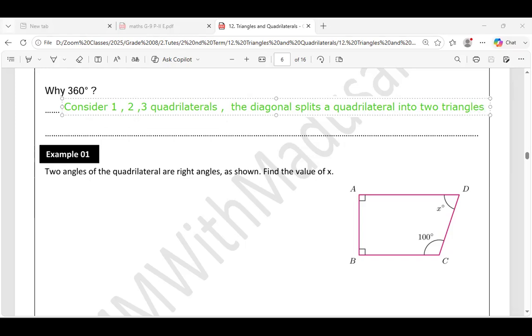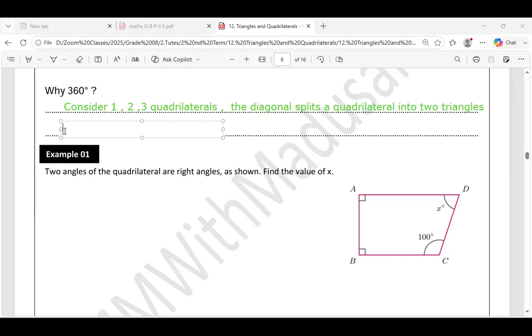Therefore, we can take 180 degrees plus 180 degrees is equal to 360 degrees, because we are having two triangles, 180 plus 180.